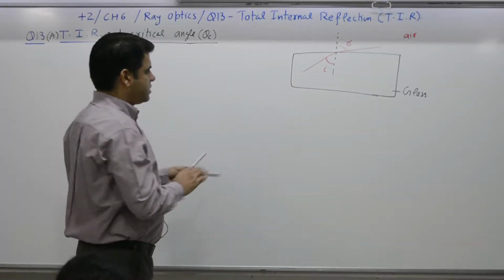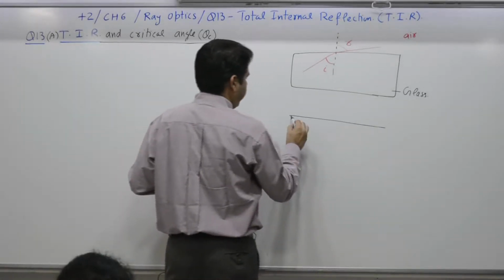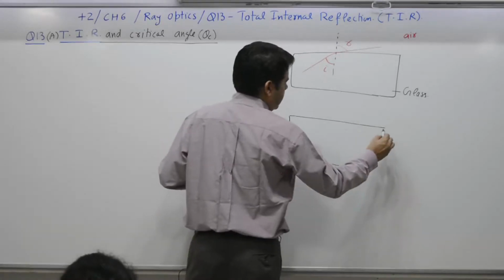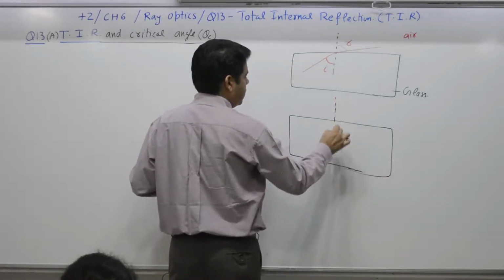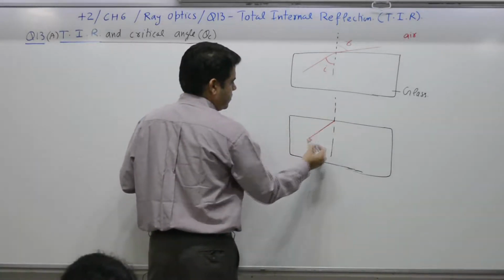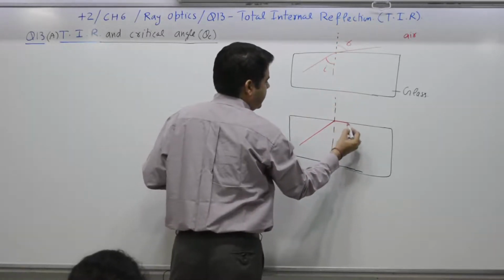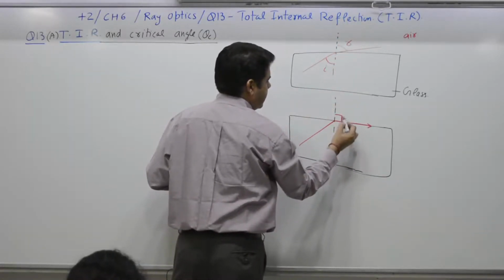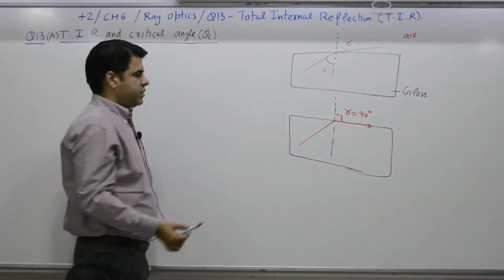If you keep on increasing this value, then it is possible that after some time, for a certain value of angle of incidence, this angle R may come out to be 90 degree. For a certain angle.